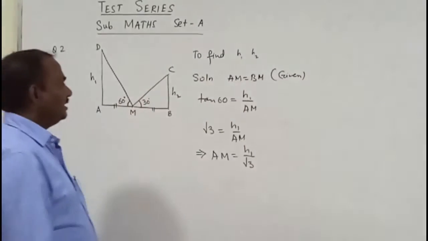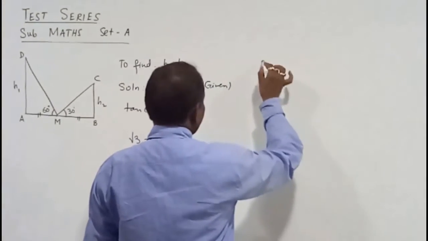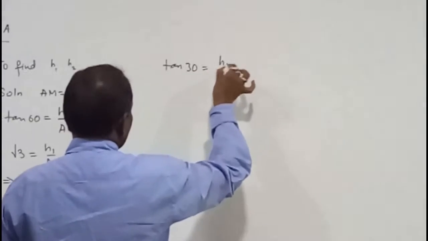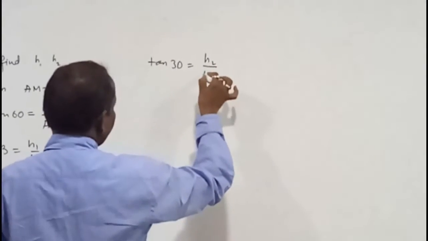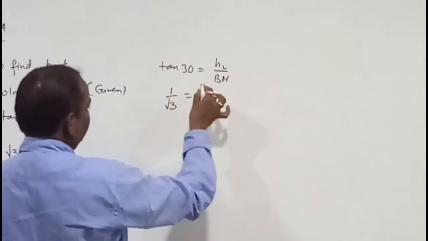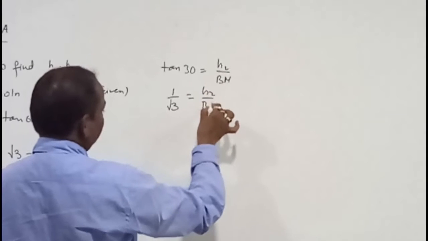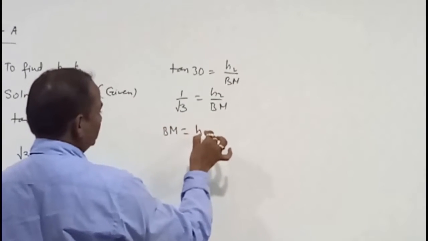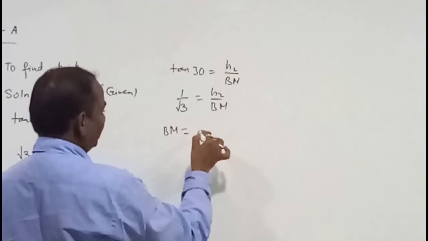Then in this triangle I can similarly apply tan 30 degree is equal to h2 upon BM. Here tan 30 means 1 by root 3 is h2 upon BM, and from here I find BM is equal to root 3 multiplied by h2.